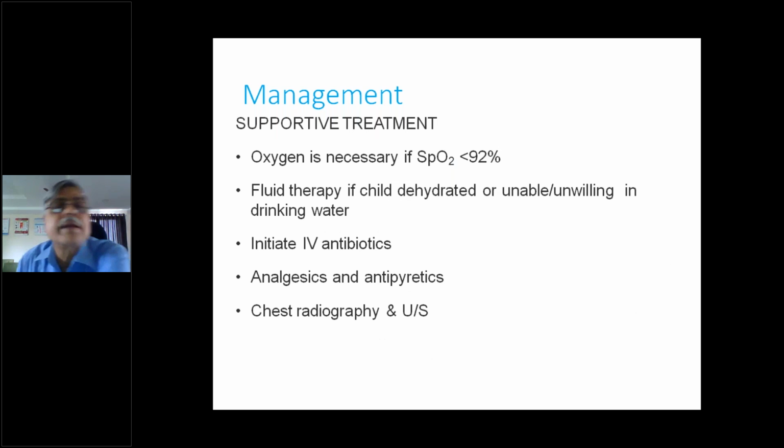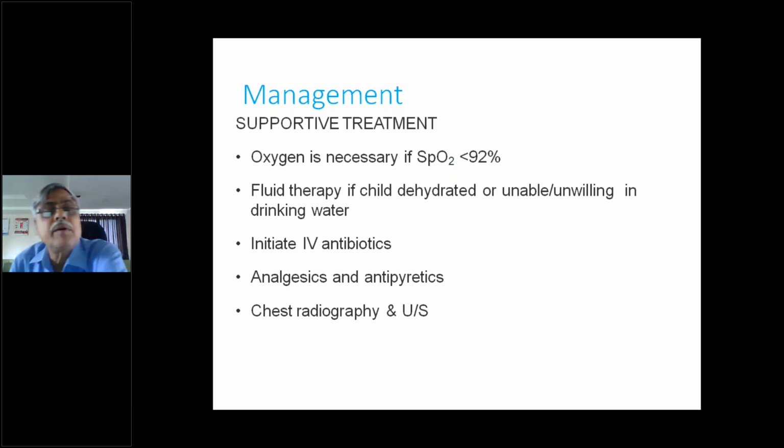So what is the management? Supportive management: one is oxygen. If oxygen is necessary, then you have to give oxygen, fluid therapy, initiate IV antibiotics, and analgesics. Antibiotics you have to give because pleural effusion may be due to pulmonary tuberculosis, bacteria, or fungal infection. So you must know the cause.